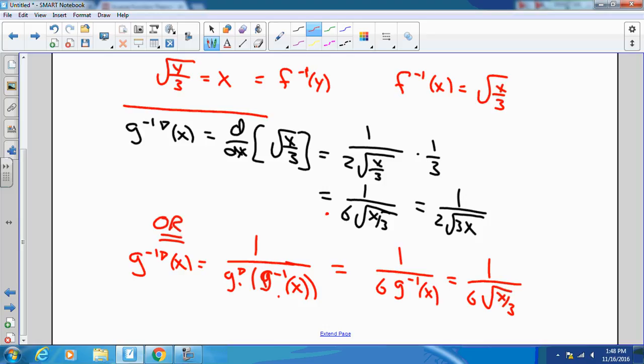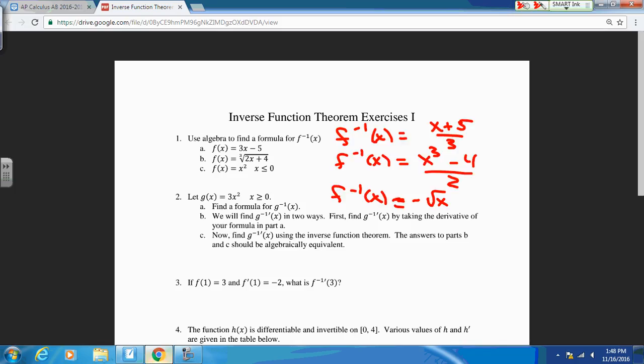Good? If f of 1 is 3 and f inverse of 1 is negative 2, what is f inverse prime of 3? We can immediately write f inverse prime of 3 using the inverse function theorem as 1 over f prime of f inverse of 3.